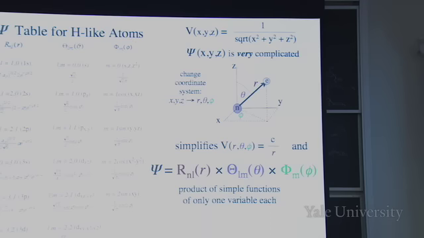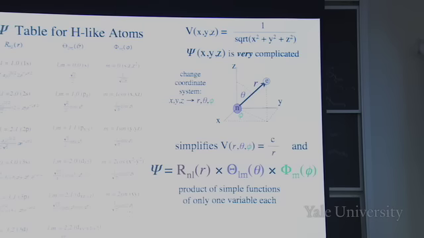Instead of having x squared, y squared, z squared all mixed together in this complicated function, you have a function only of r, a function only of theta, and a function only of phi, and you multiply them together, and you get the solution to the Schrödinger equation for a one-electron atom.